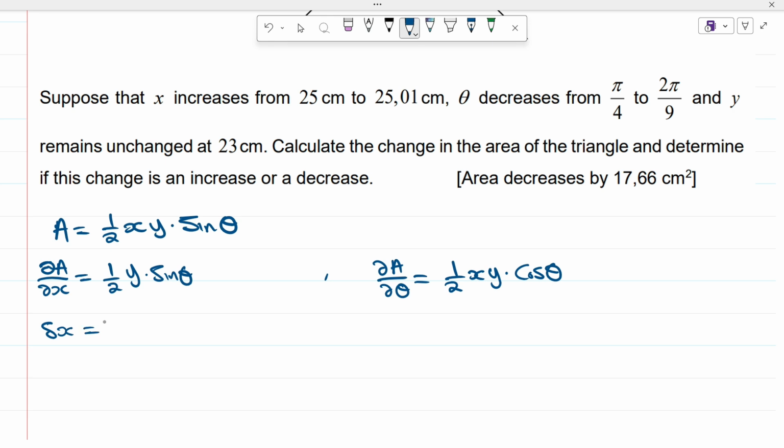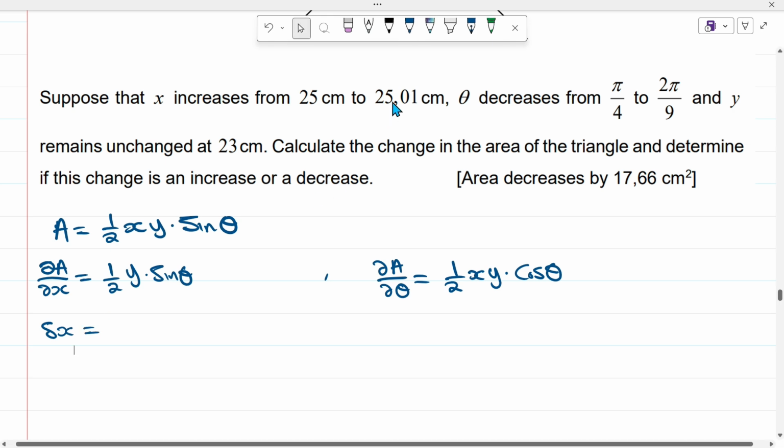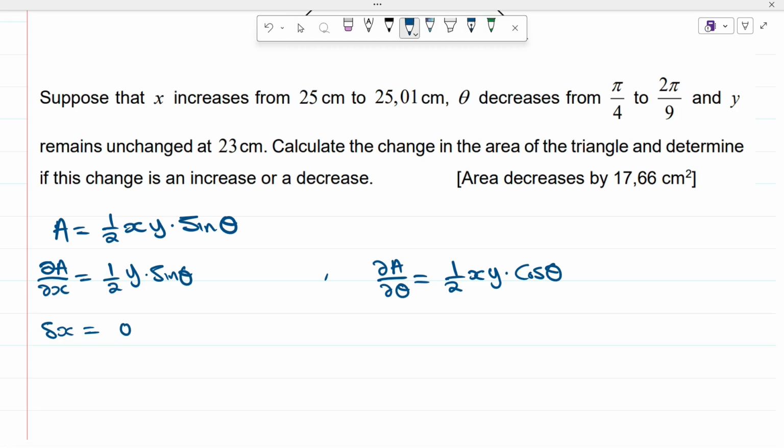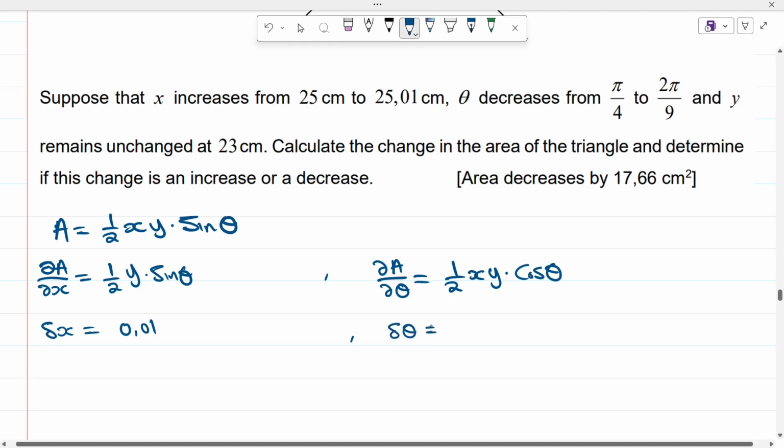So the small change in x is equivalent to what? To 0.01. They said x increases from 25 to 25.01, that means x changed by 0.01. And how about the small change in theta? They said theta decreases from that to that. So the small change in theta is 2 pi over 9 minus pi over 4.